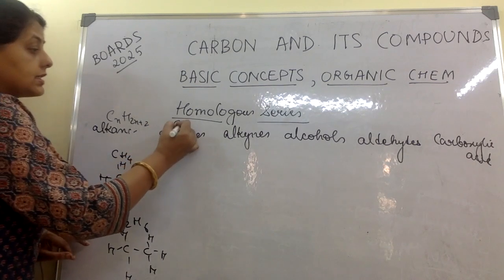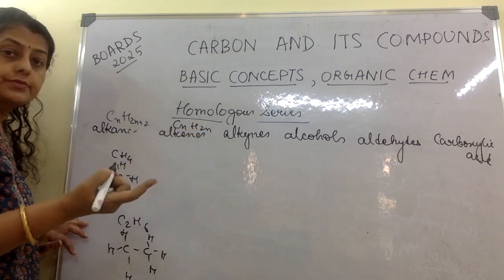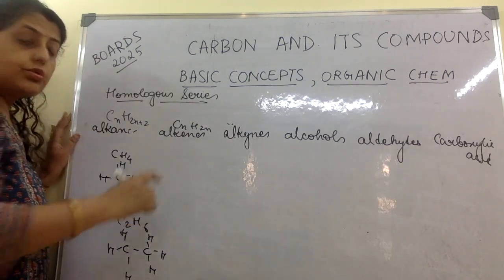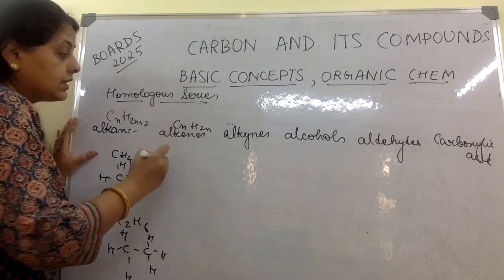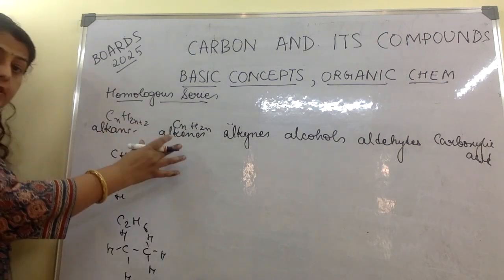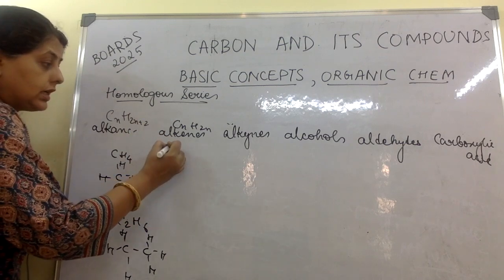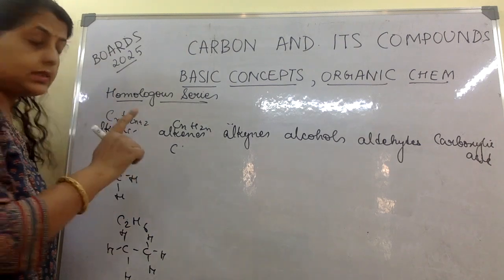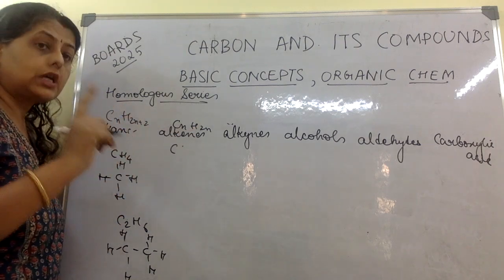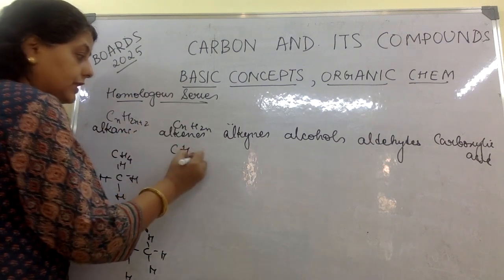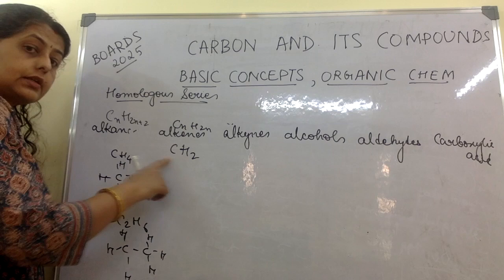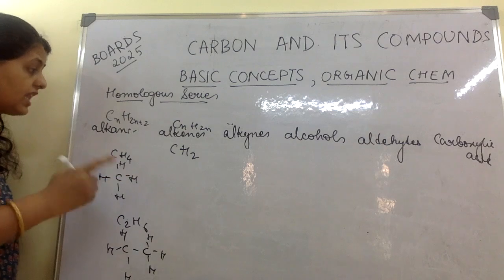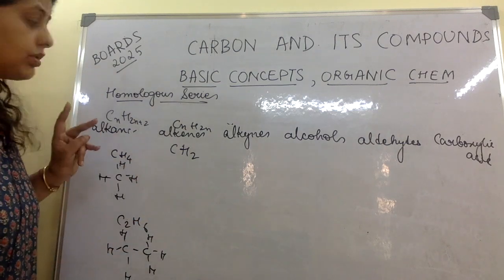Now here it is CnH2n, for alkenes. Here we can't put carbon 1, because if we put carbon 1 we can't get a neutral molecule like this.